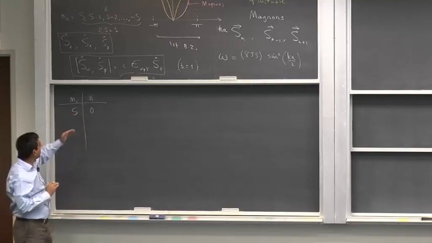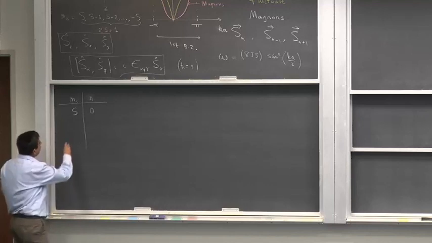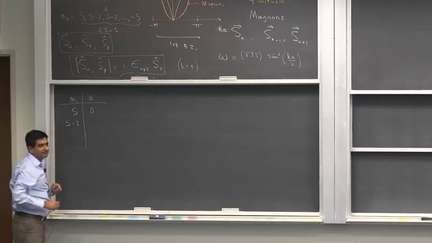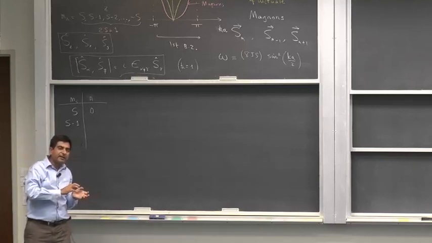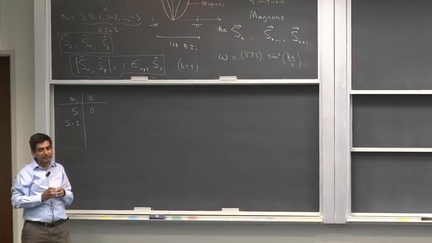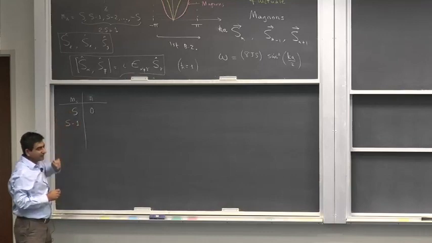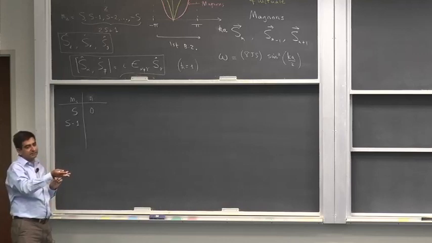Now if ms decrements by 1, which means that the new value of ms is S minus 1, then this means that we are taking angular momentum away from the system. Corresponding to this decrement in ms, we're taking out a magnetic moment g j mu B, which means a Magnon has been excited.